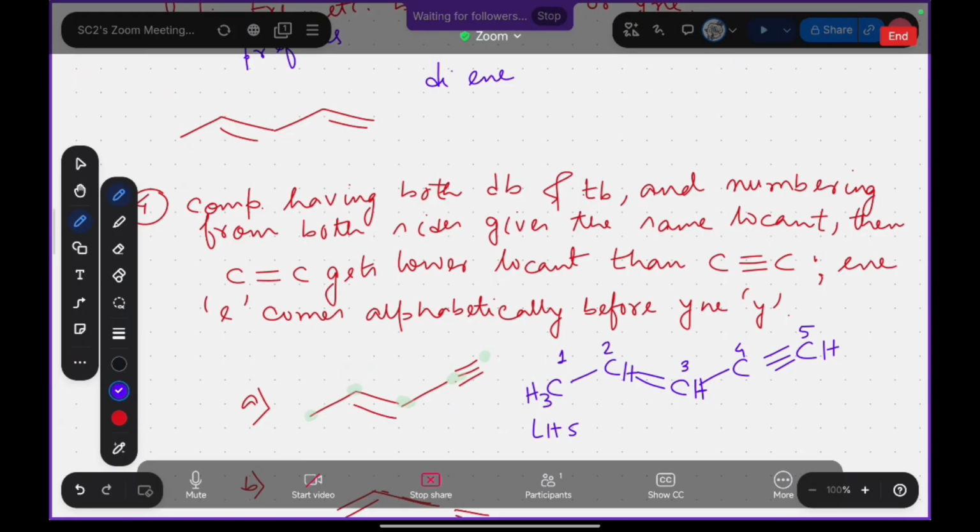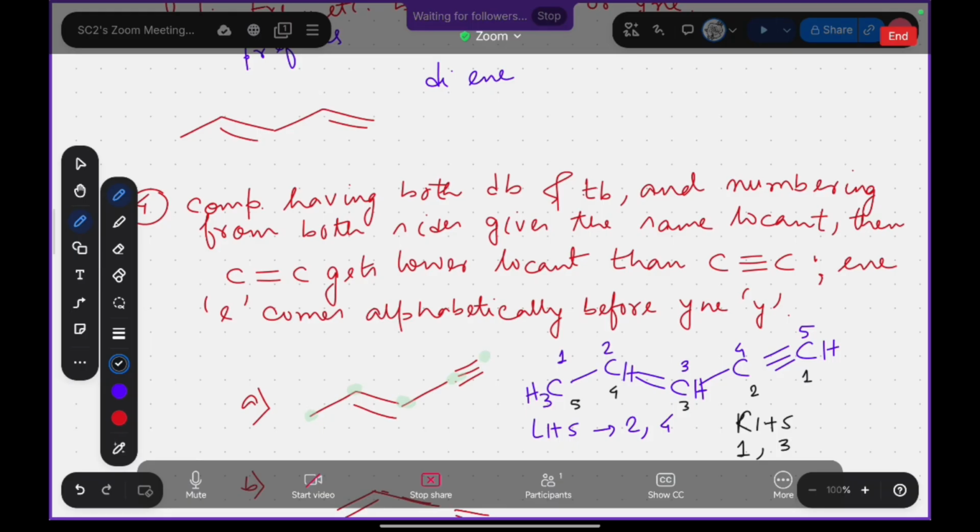That means from the left hand side the locants are 2 and 4. And from the right hand side, what do you see? From the right hand side the locants are something like, at the 1 position triple bond and at the 3 position double bond.